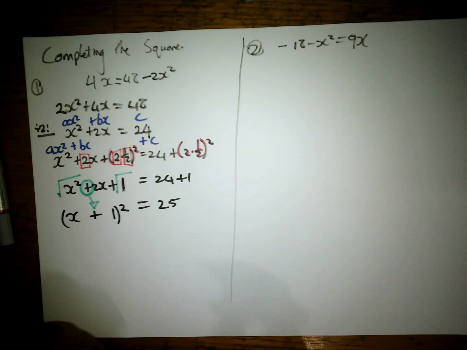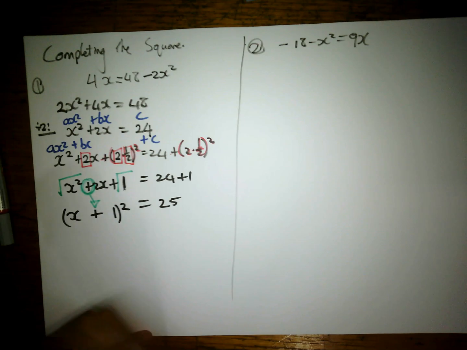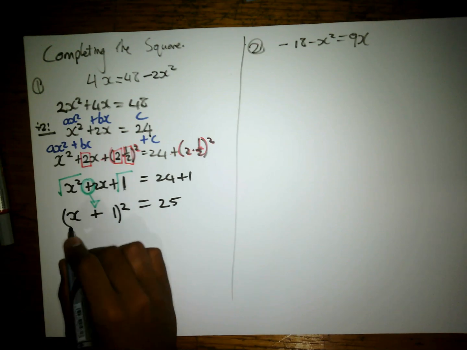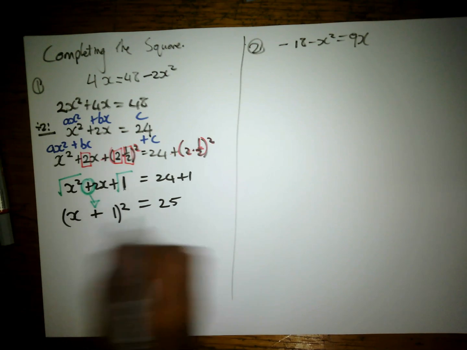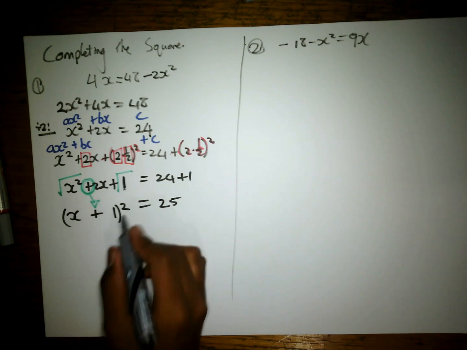Then you're still not done yet because you need a value for x. To do that, you must square root both sides, because you need this x value. To get rid of a square, you square root.